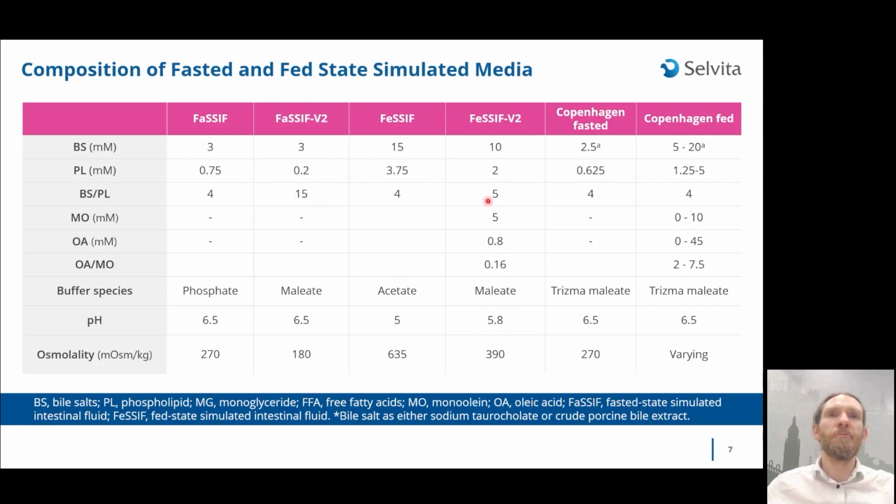In FeSSIF we have a similar ratio but higher concentration of both bile salts and phospholipids, and in Copenhagen the ratio is similar and the concentration is comparable, but here we have the introduction of monooleic and oleic acid. Which one of these fluids will have the higher predictive power for the solubility of our drugs? Let's see on the following slides.